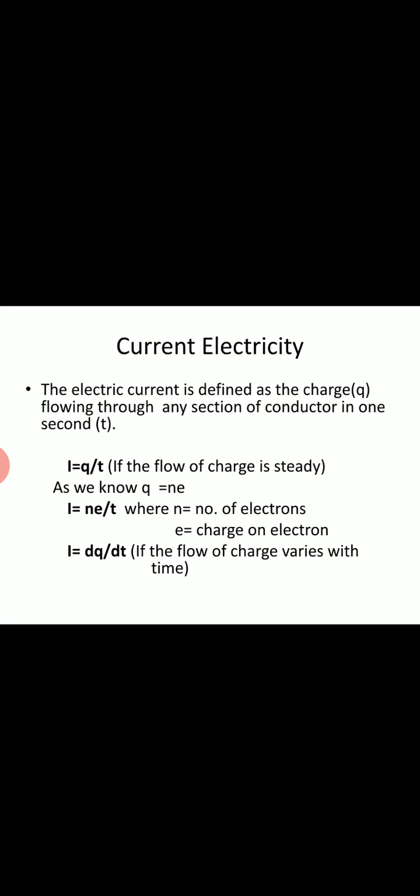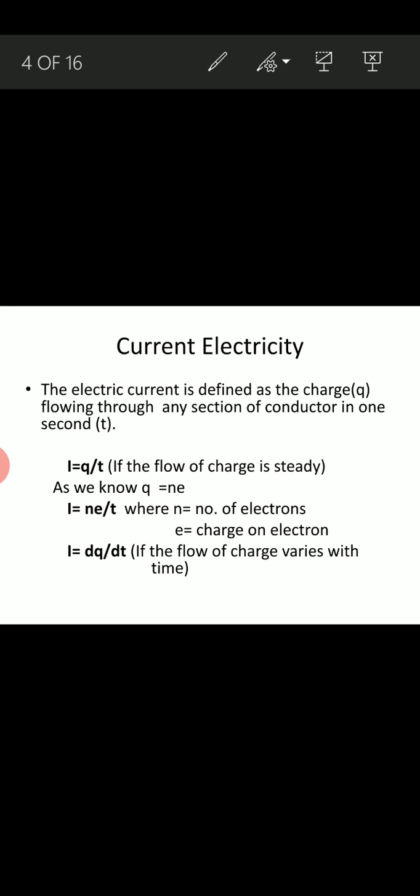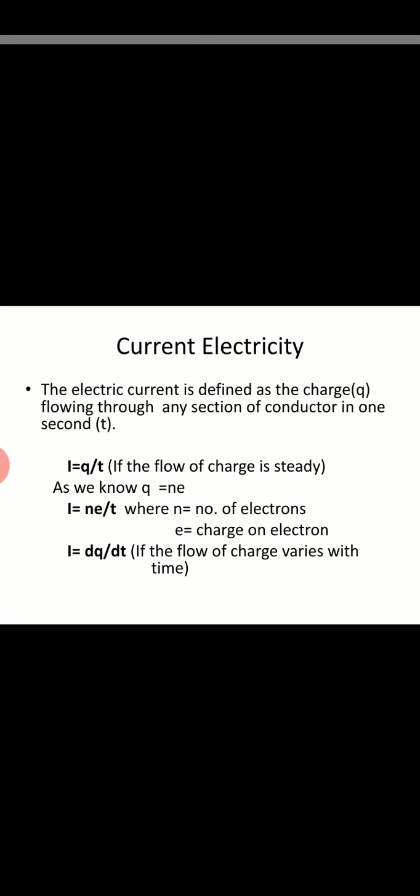So the above relationship can be changed into I is equal to NE upon T. Similarly, if the flow of charge changes with time, the current flowing through it is equal to dq by dt, however small the time is for which the charge is flowing. So electric current is the charge flowing through any section of a conductor in 1 second.